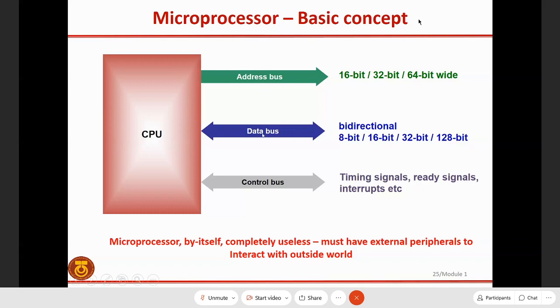You can imagine it this way: the CPU is a master that instructs something to be done. It says, please go to memory location number 2 or number 3.